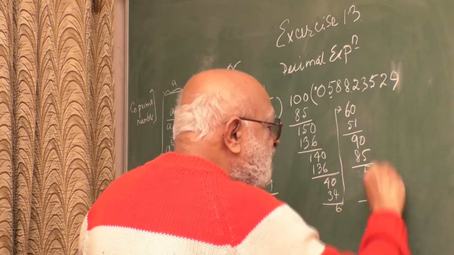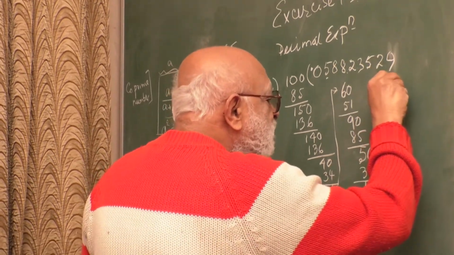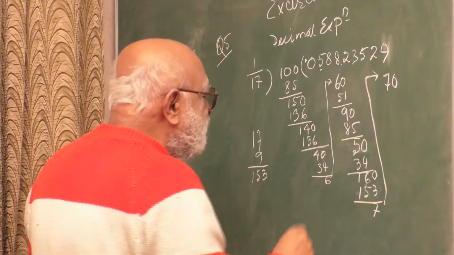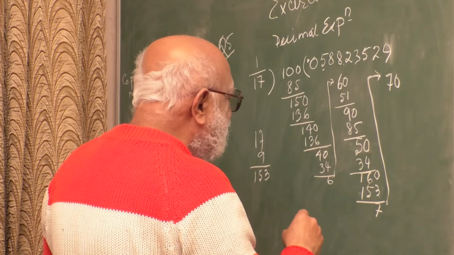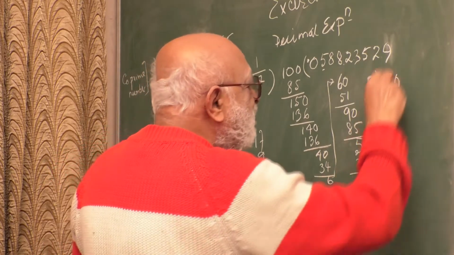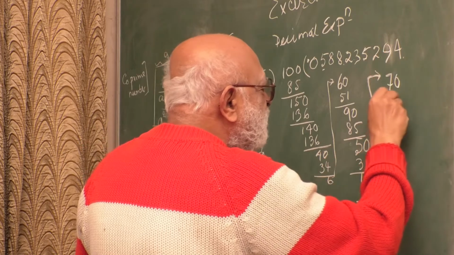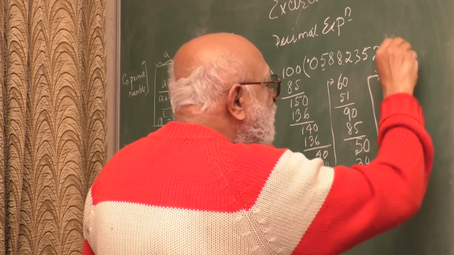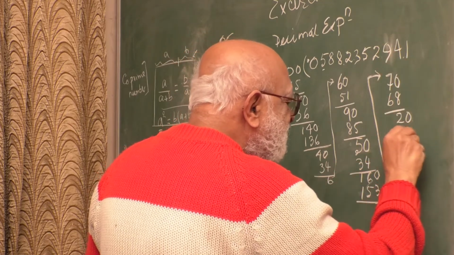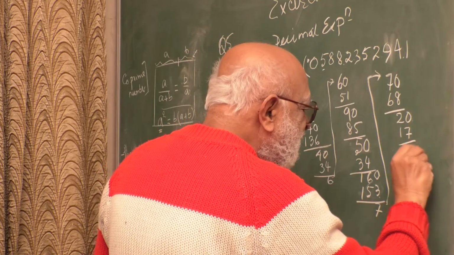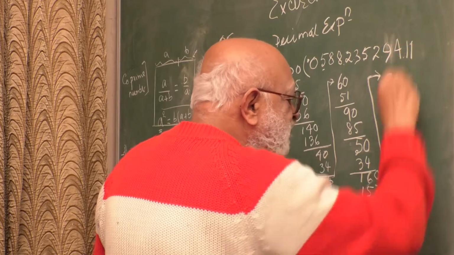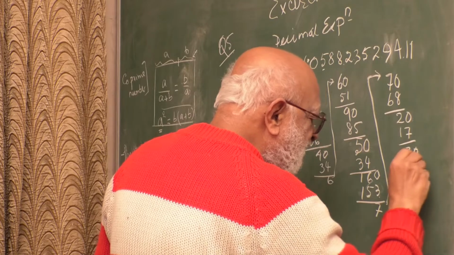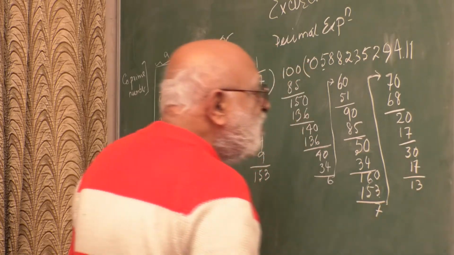So let me take it down again up here. So 70, that will be 65, 4 would be your 68. So this is 20. So 1, 17, 30, again 1, so that will be 17, and again 3, and here is 1.